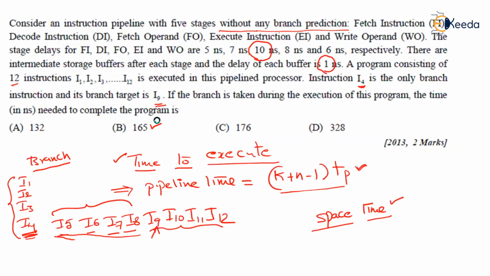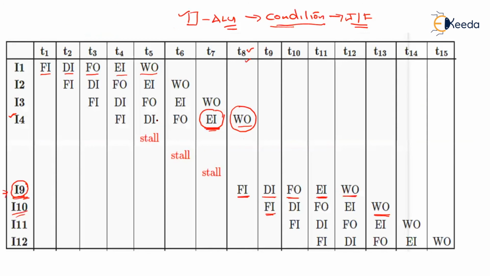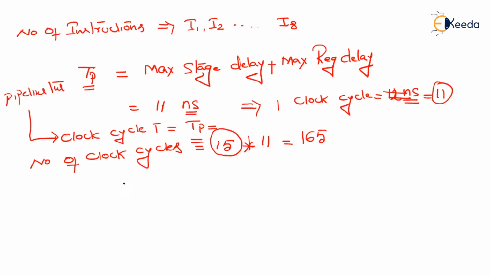Now, a simpler method, if you can understand: we'll use the same formula, that is (K plus N minus 1) into TP. Pipeline time is equal to (K plus N minus 1) into TP.